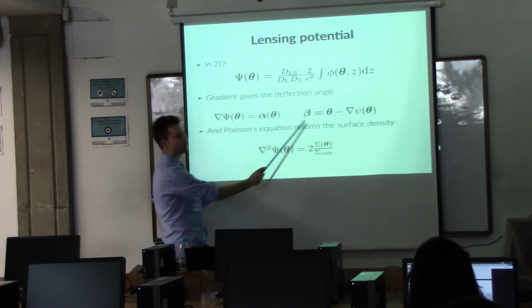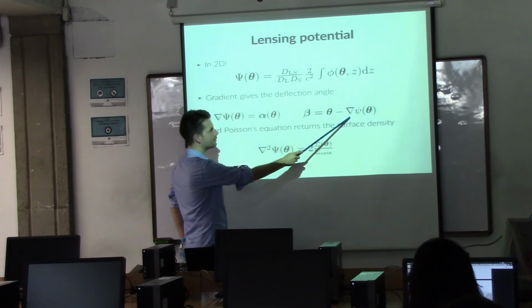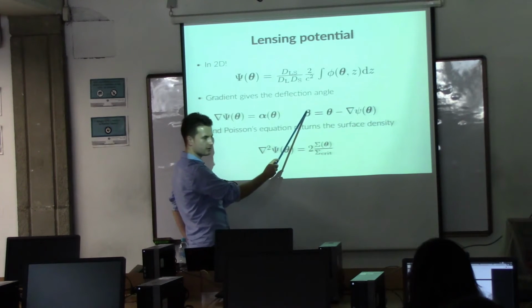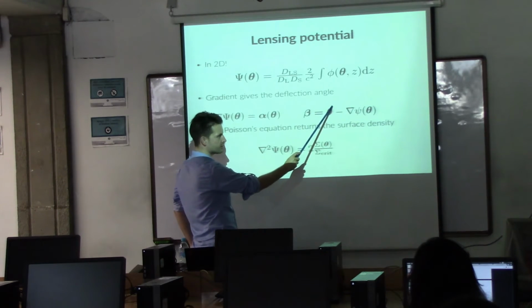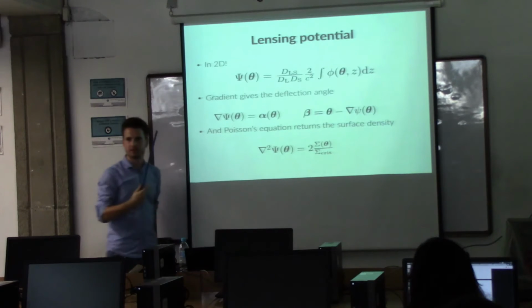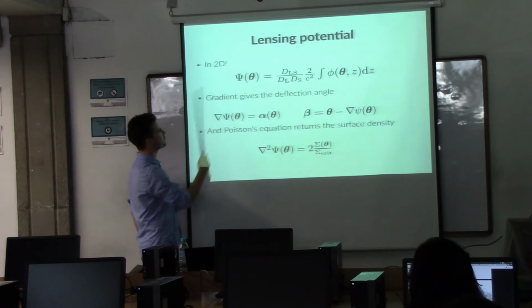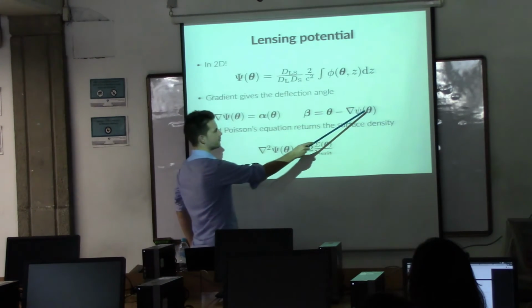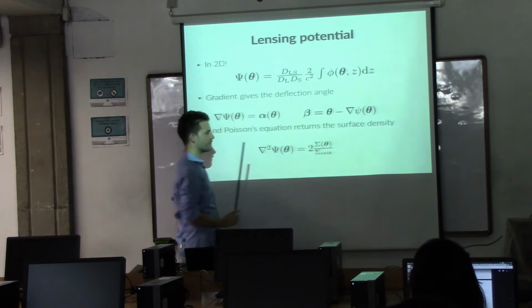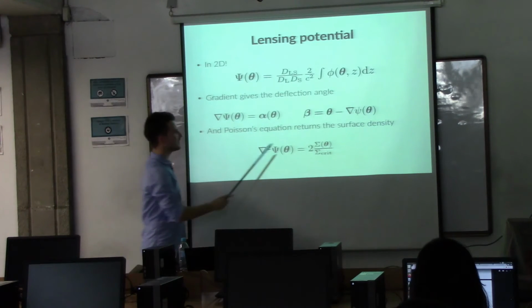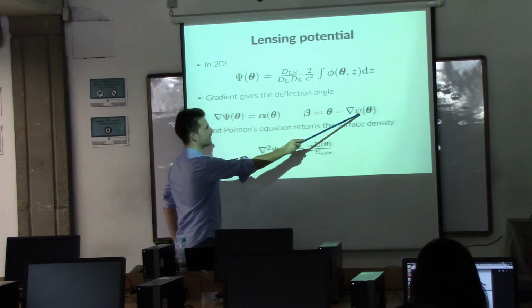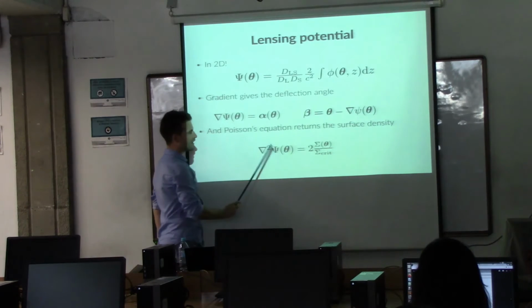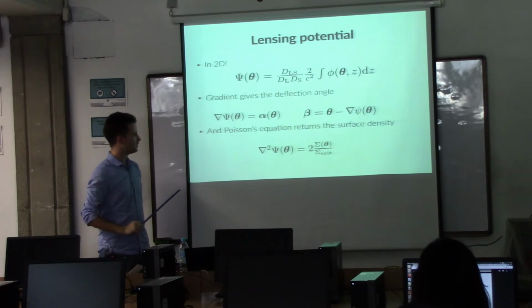And then if you put this into the lensing equation, you have your source position equals your image position minus the gradient of this new potential at that position. And as you will see, I'm not very consistent whether I'm saying small psi or capital psi, so my apologies.